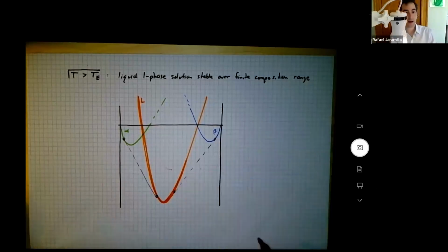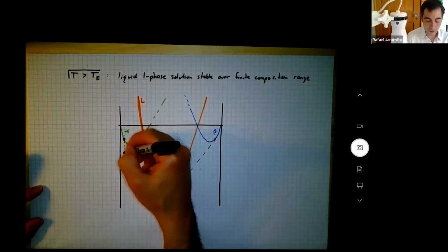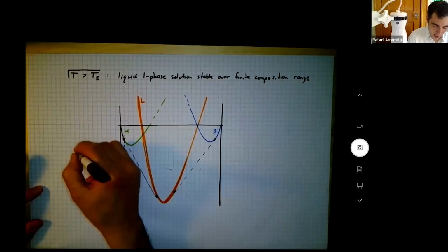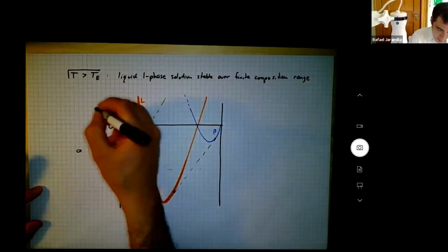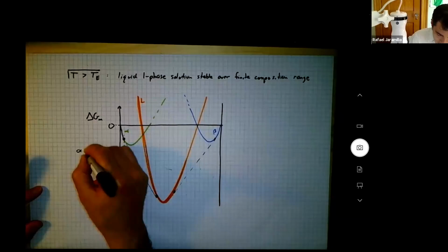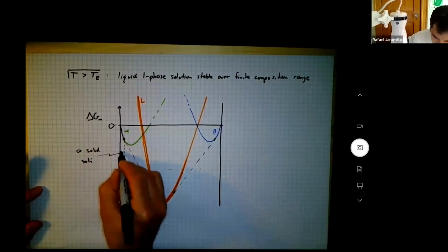Cool. So now I have a more interesting system. Over here on the left-hand side, I have an alpha solid solution in that little region.